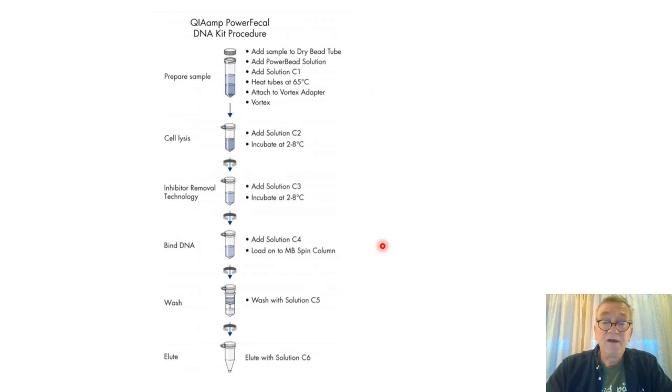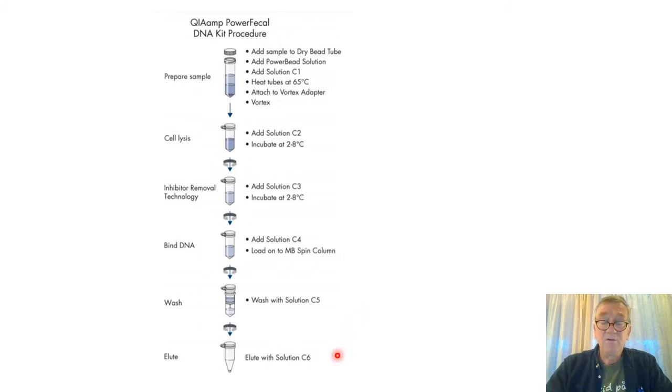We add the solution with the DNA into the column, and we centrifuge it, and the DNA will bind to the filter. We wash it, that means we send some solution through the filter to remove any molecules that are not DNA, so it will be pure.